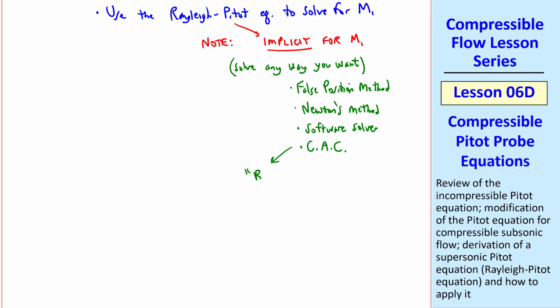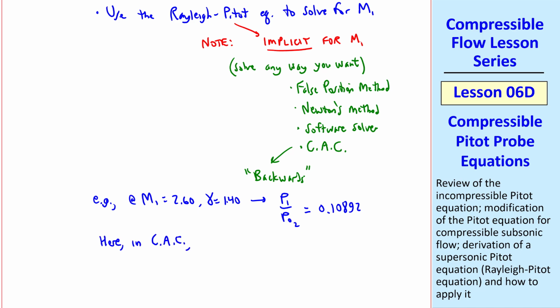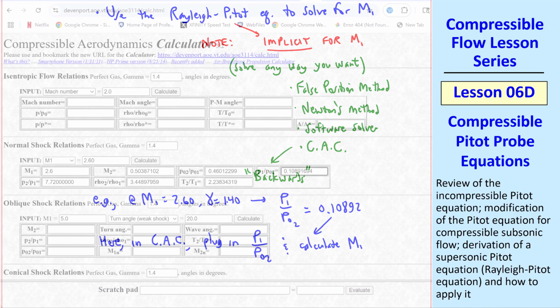I'll illustrate that here backwards. Namely, for our standard case, we had P1 over P0 2 equals 0.10892. Here, in the compressible aerodynamics calculator, let's plug in this value and calculate M1 to see if it agrees with our known Mach number.